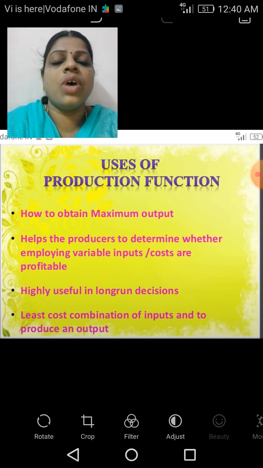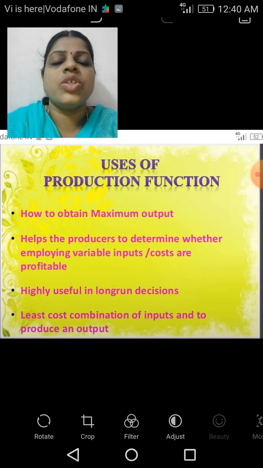First one is, it helps us to know how to produce the maximum output. The second one helps the producers to determine whether employing the variable inputs is profitable.